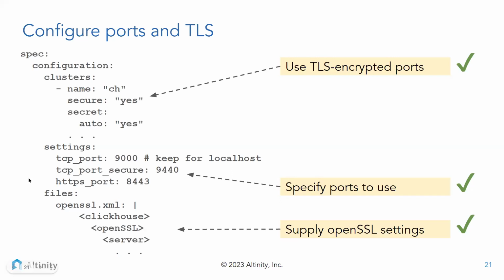And then one of the other things that we're going to need to do to set this up is include what's called an OpenSSL configuration. This is a tag in the config.xml file for any ClickHouse server that gives the details of where the server certificate is, where the server key is, what level of verification I want to use, where my certificate authority certificate is, where I get that, and so on and so forth.